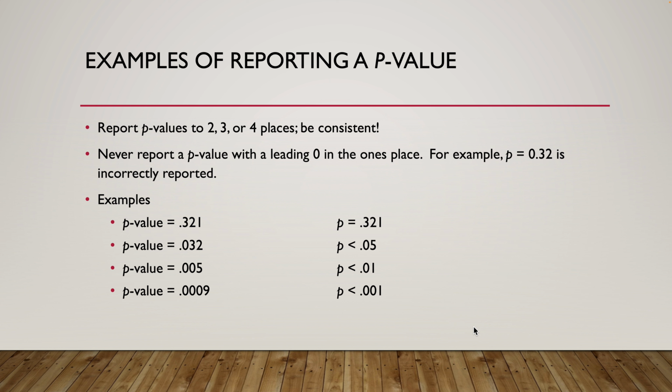So I would report that as p less than 0.05. A p-value of 0.005 is between 0.001 and 0.01, so I would report that as p less than 0.01. And if I have a p-value of 0.0009, which is clearly less than 0.001, then I would report it as p less than 0.001.